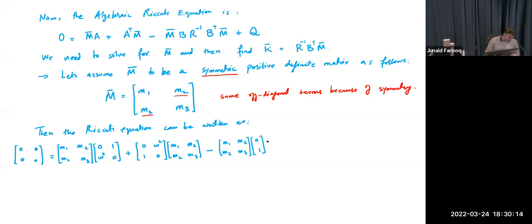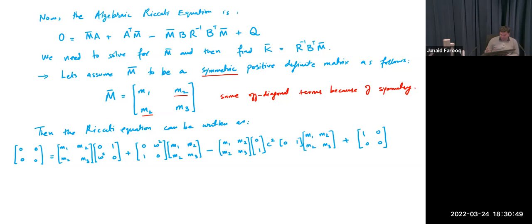And then R inverse. R was simply a constant 1 over c squared, so R inverse becomes c squared here. Then we have B transpose, which will be like this, and after that we have M bar again. And the last thing is Q. Q we figured out was 1, 0, 0, 0. So that's the equation we need to solve here.